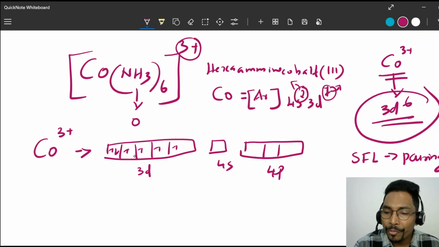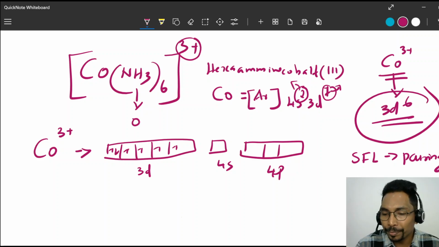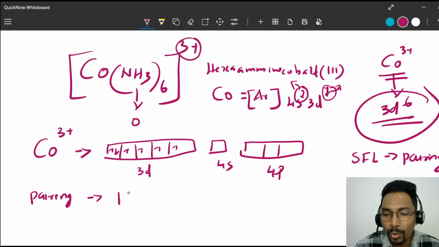You can see 4 unpaired electrons here. Those unpaired electrons will get paired, so we can represent that: pairing due to strong field ligand. How is the pairing happening? Listen.